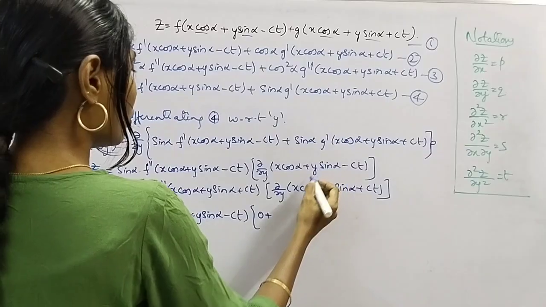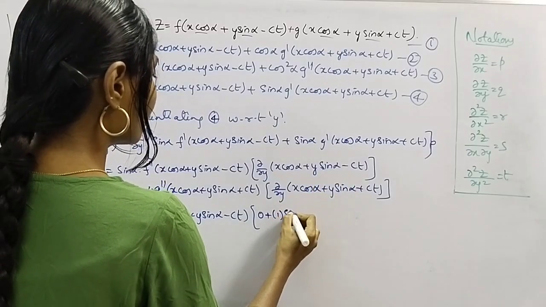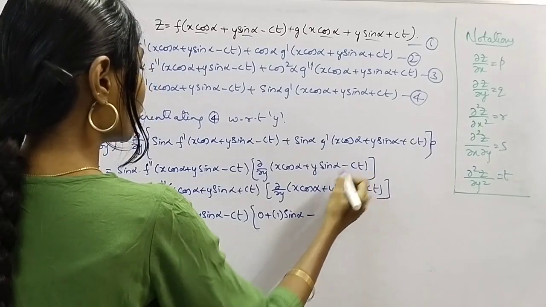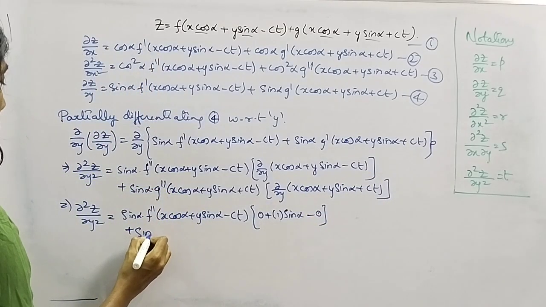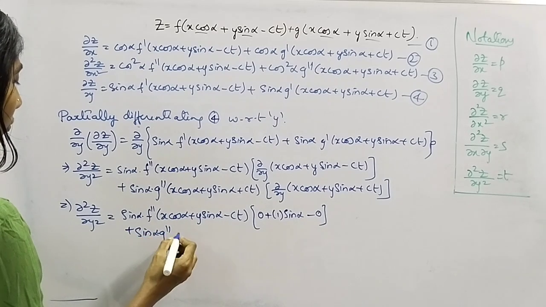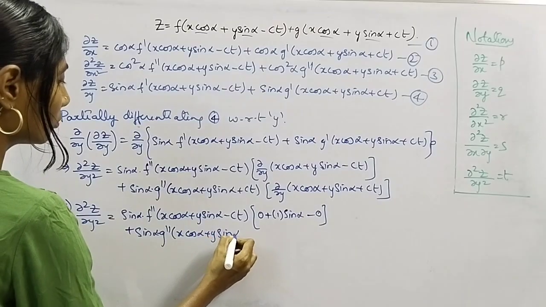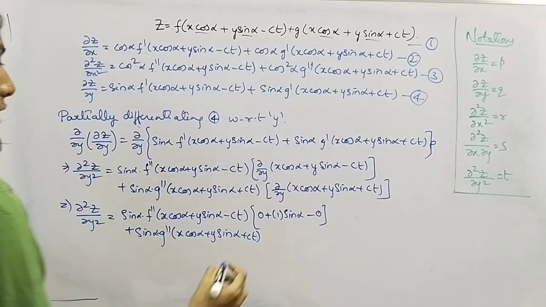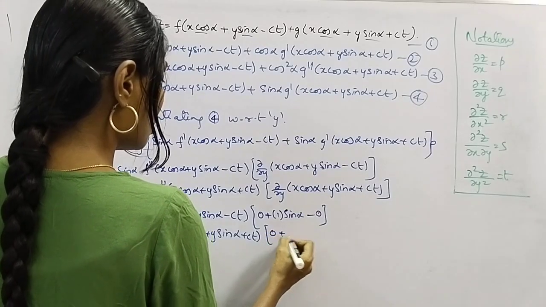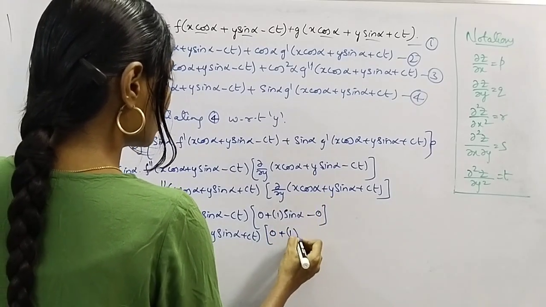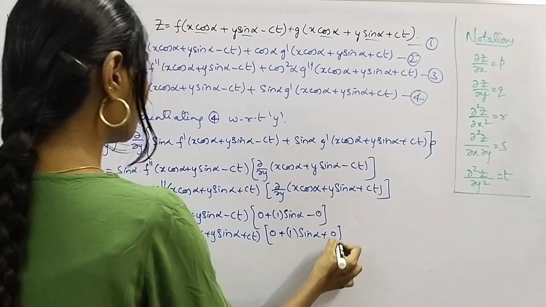Plus the partial derivative of y with respect to y is 1 into constant sin alpha, minus the partial derivative of a constant with respect to y, which is 0. Plus sin alpha into g double dash into partial derivative of x cos alpha with respect to y, which is 0, plus partial derivative of y with respect to y is 1 into sin alpha, plus partial derivative of a constant with respect to y, which is 0.